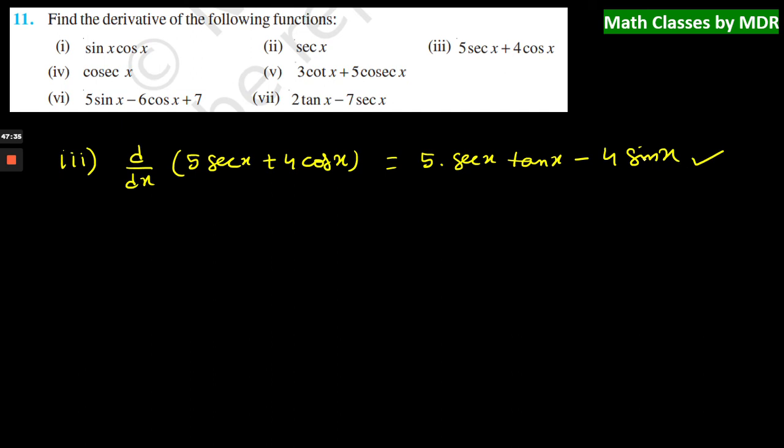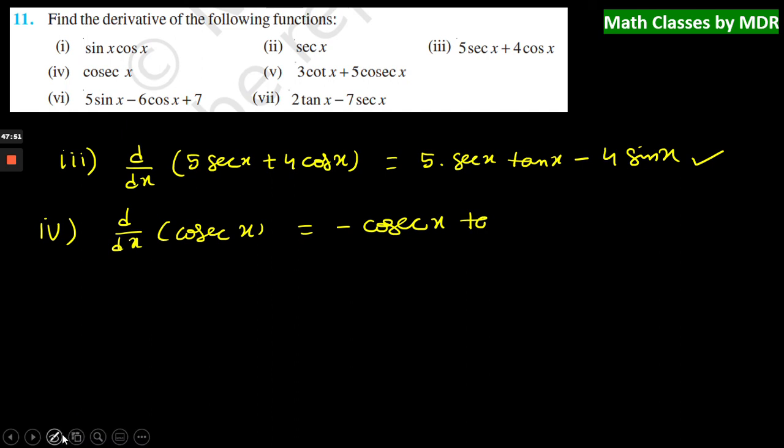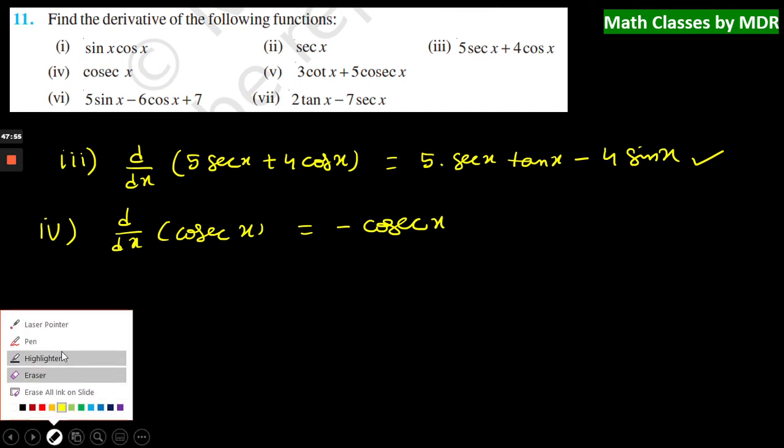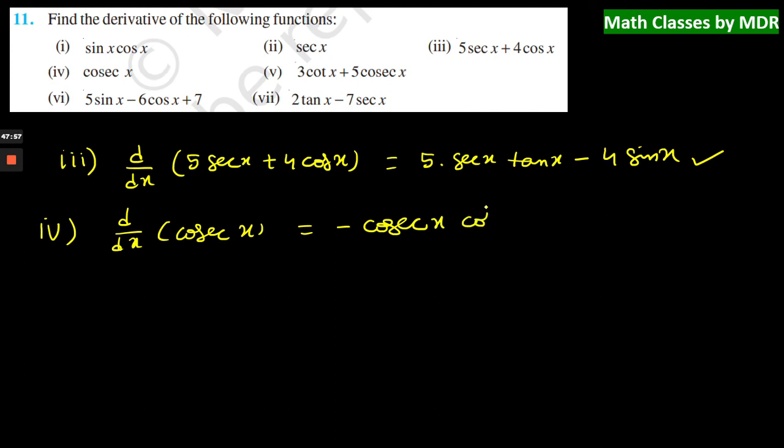Let's see the fourth one: d by dx of cosecant x. What is d by dx of cosecant x? It is minus cosecant x cot x. Fifth one: d by dx of 3 cot x plus 5 cosecant x.